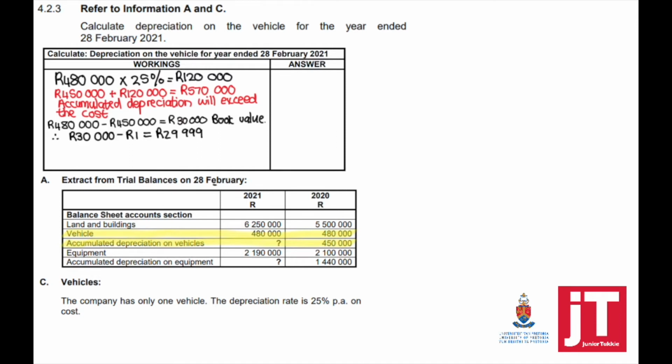So if this happens, you need to get the book value, because the carrying value at the end, another word for carrying value is book value, needs to be 1. So a simple way to find out the depreciation is to take the book value and subtract 1 from that. And that equals the depreciation for this year.